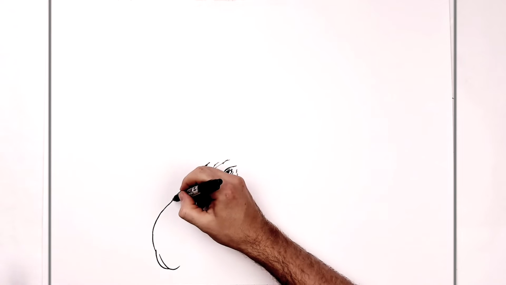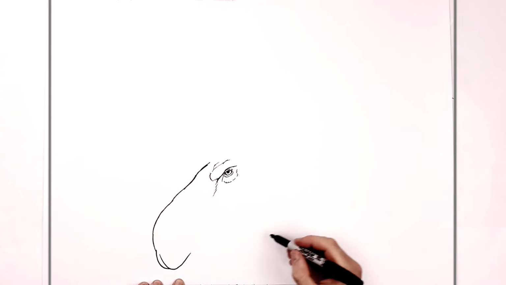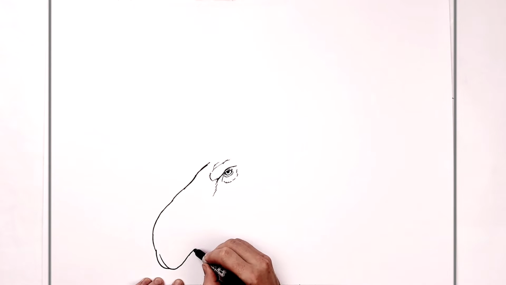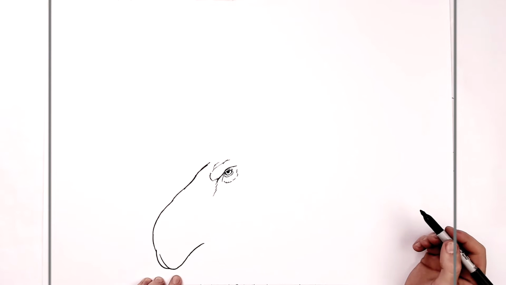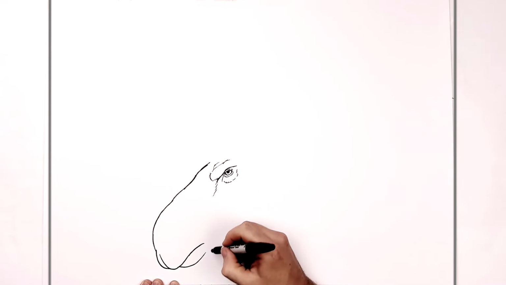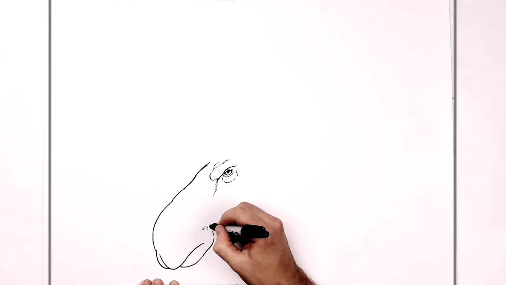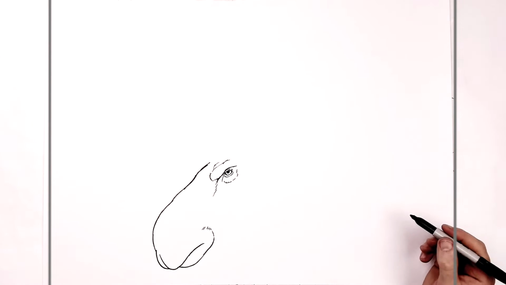So he kind of looks like a camel as well. And then this comes up around to here. Then the bottom lip, or his chin, comes out here, and it kind of comes around this, right? Like so.